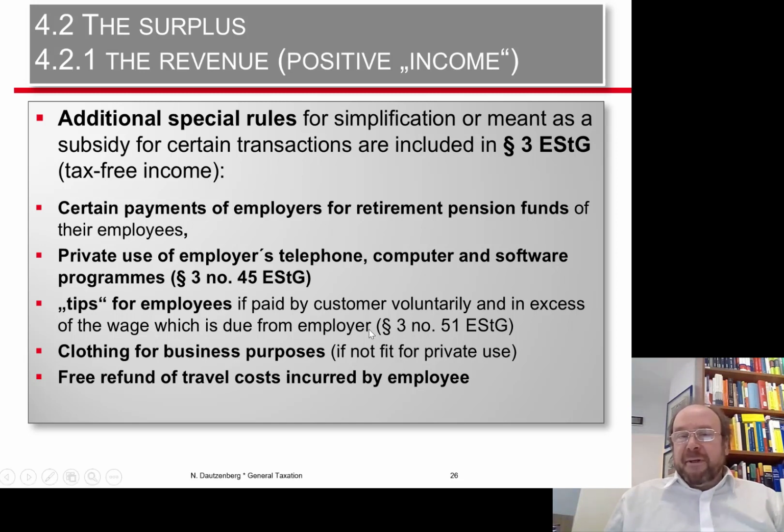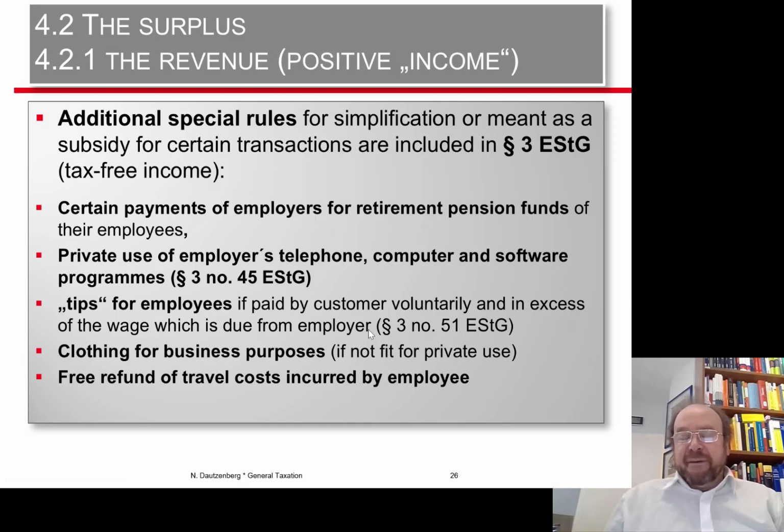If your employer gives you clothes for the work, for example, you are a craftsman and you need special clothes to wear for the work, then it can be given to you for free, but not if you could also use them for private purposes.